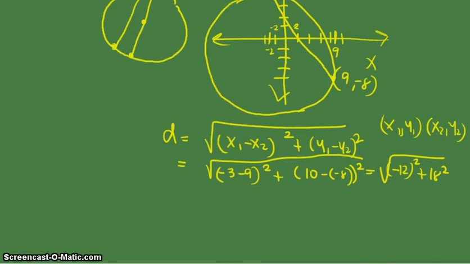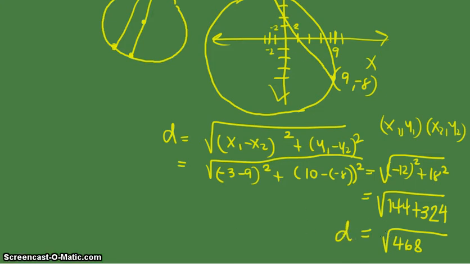Negative 12 squared is equal to 144, and 18 squared is 324. So 144 plus 324 is 468. So the length of the chord is equal to this distance, which is the square root of 468.